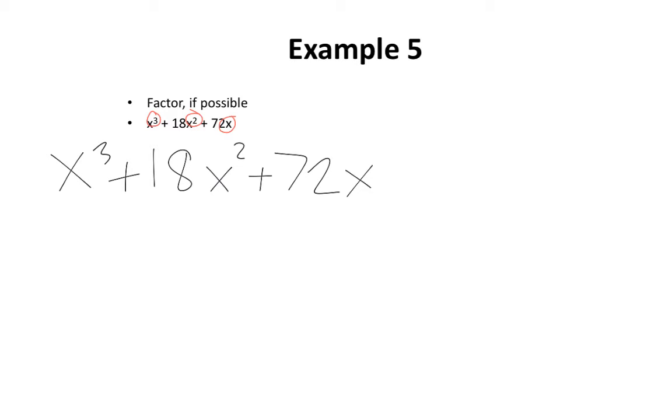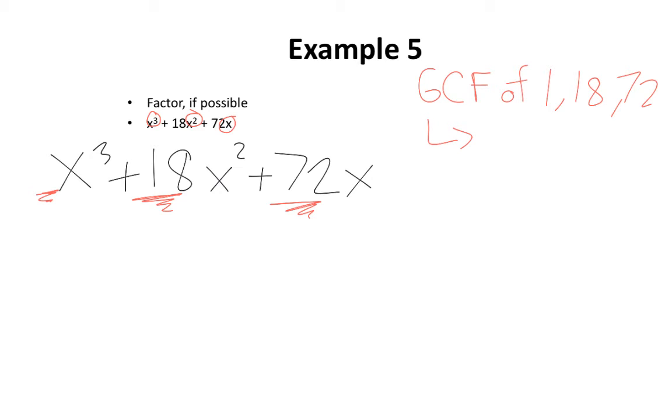If we're going to common factor, we need to take a look at all the numbers that are present. There's a coefficient of 1 here. There's a coefficient of positive 18. And there's a coefficient of positive 72 here. So you need to ask yourself the question, what is the greatest common factor of 1, 18, and 72? Well, the greatest common factor happens to be 1.